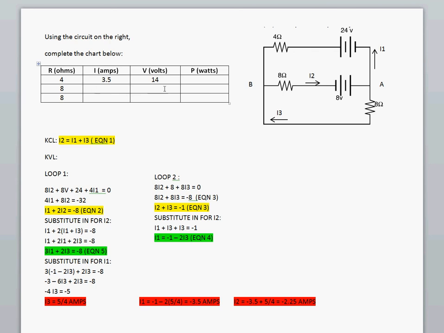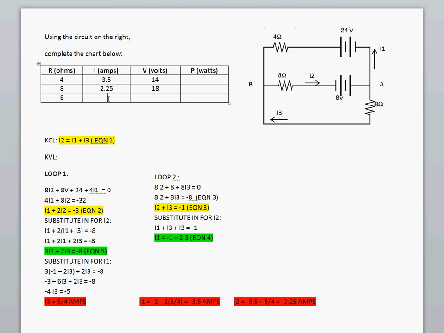And then if I do the current going through the 8 ohm resistor right here, that's I2. And I2 is 2.25. Remember, we're going to lose a negative sign. We just assumed the wrong direction for current flow. I2 is actually not going from B to A. It's going from A to B. But we'll lose a negative there. And so then the voltage drop across that is 18 volts.